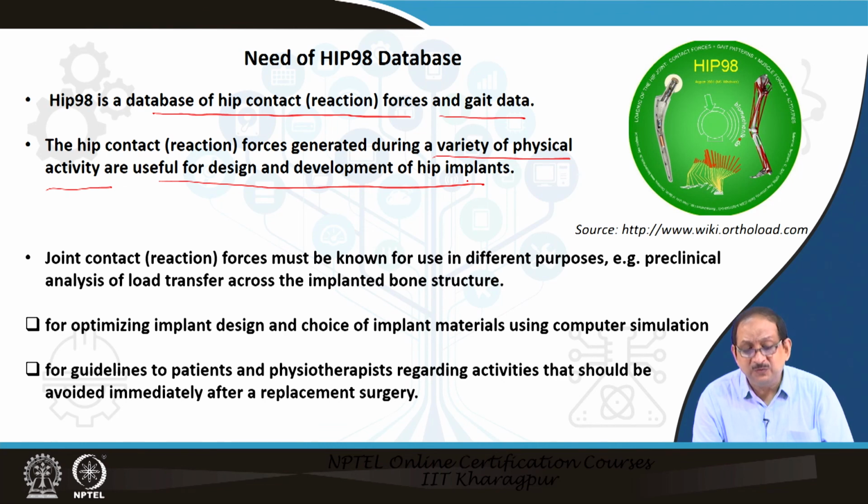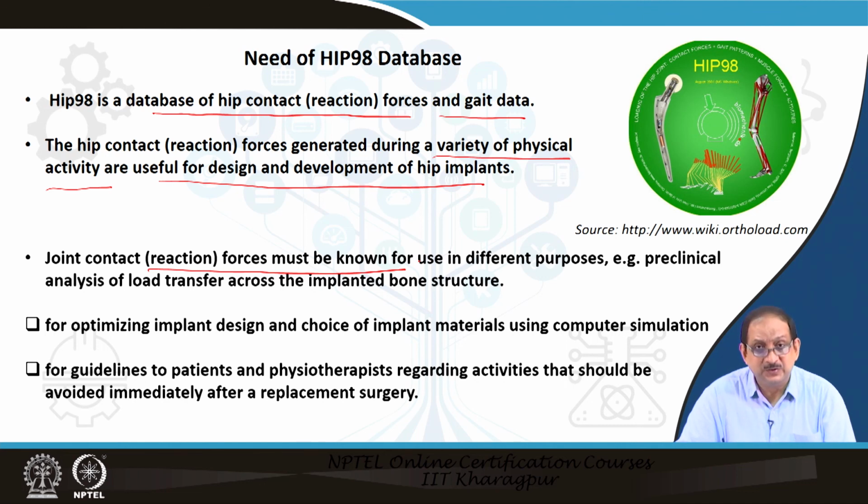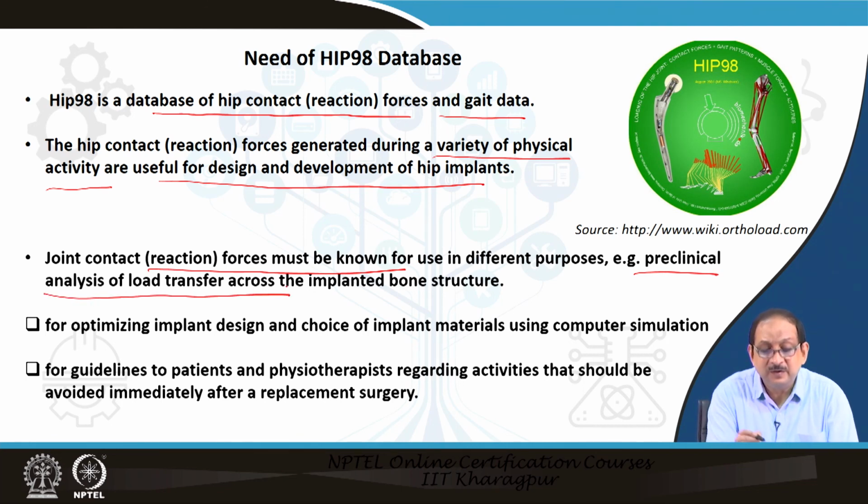The joint reaction forces must be known for use for different purposes. For example, preclinical analysis of load transfer across the implanted bone structure is an important area where the hip joint reaction force or hip contact force data is of vital importance.